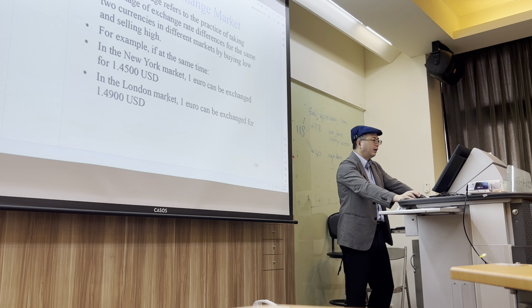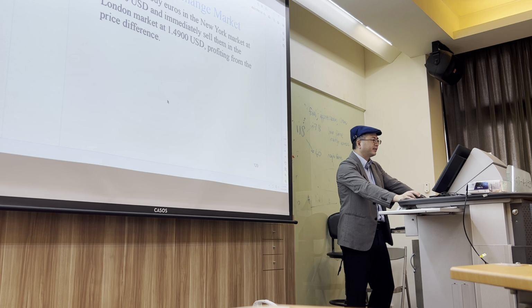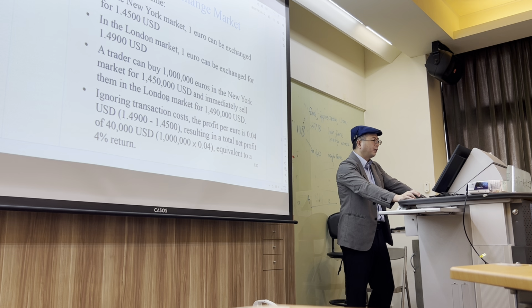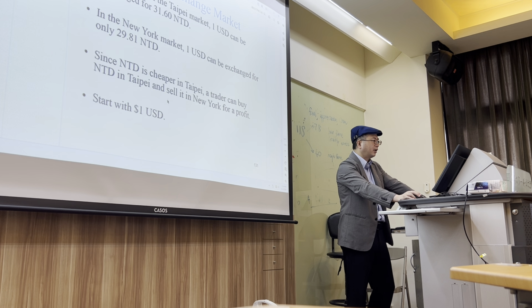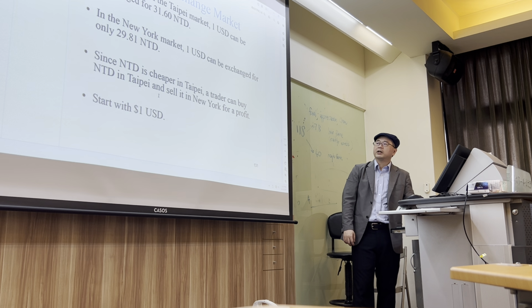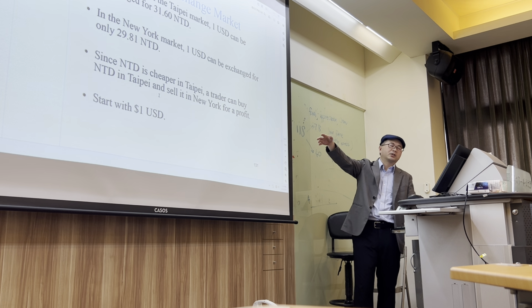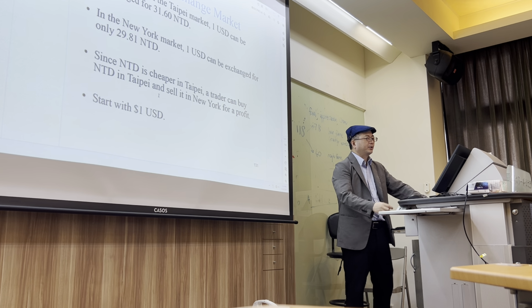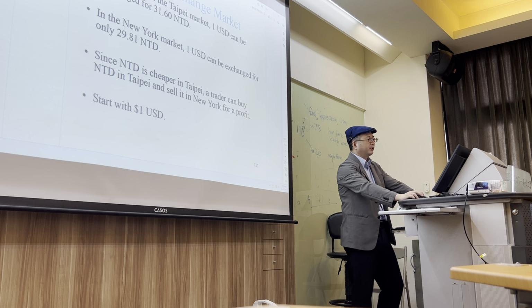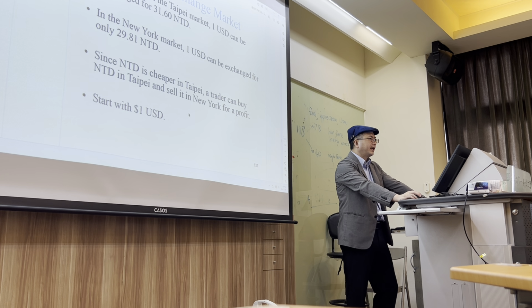So that's a good example to apply the arbitrage strategy. Why don't we work through another example so we have a better understanding of this. Example 1. In the Taipei market, 1 USD can be exchanged for 31.6 New Taiwan dollars.